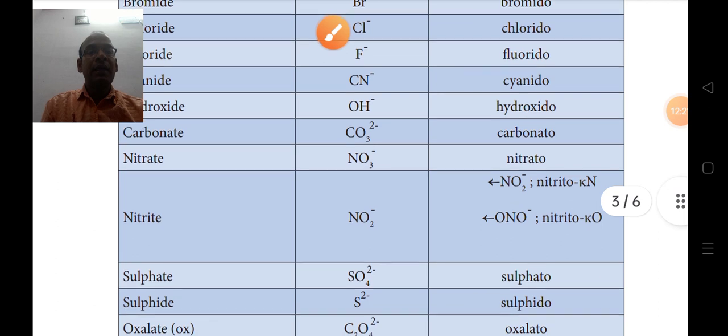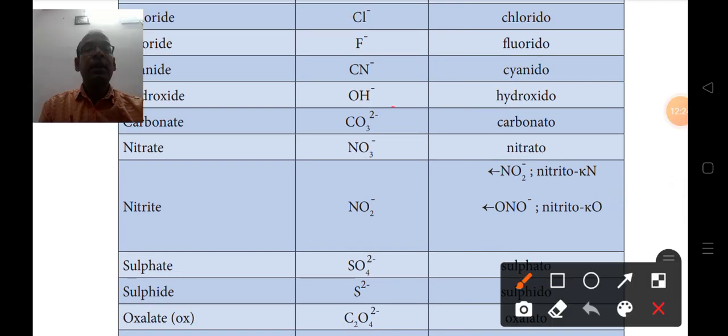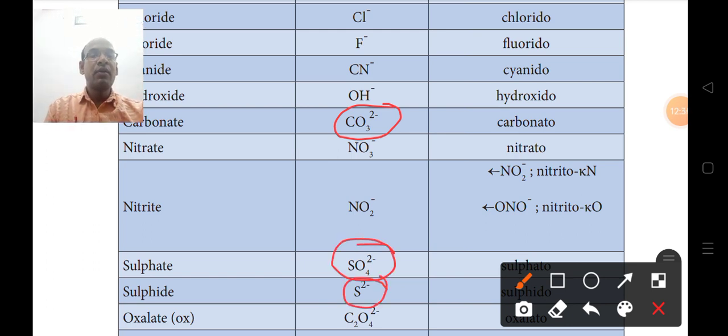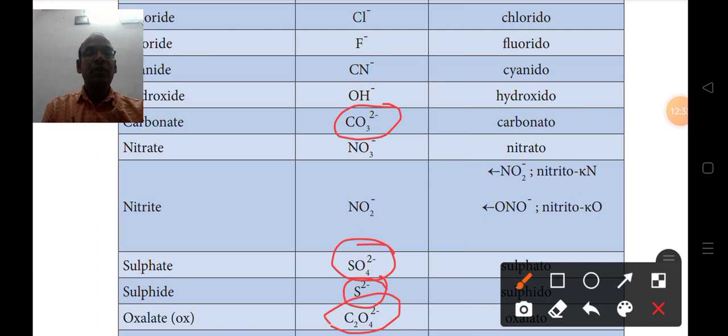Likewise, carbonato, sulfato, sulfido, oxalato have a 2- charge.